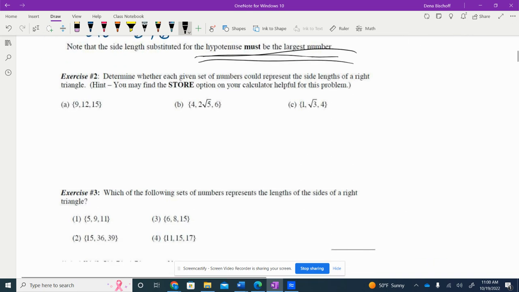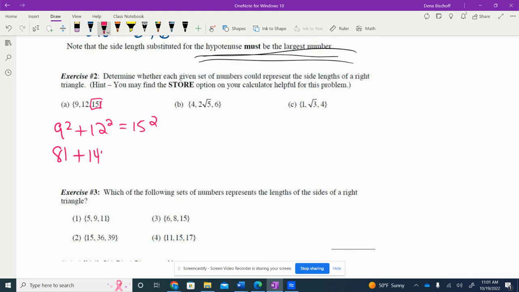Okay. So we are going to determine if these numbers could represent the side lengths of a right triangle. Again, I'm going to identify the largest sides. We're going to talk about that for a second. So let's see, 9 squared plus 12 squared equals 15 squared. 81 plus 144 equals 225.